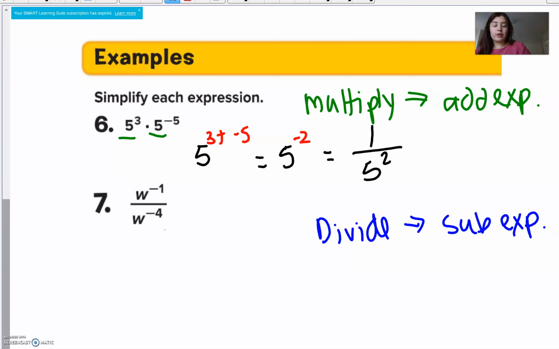So for 7, we're dividing, so we're subtracting exponents. We're finding our base, which is w. Then we're going to do -1 minus -4.